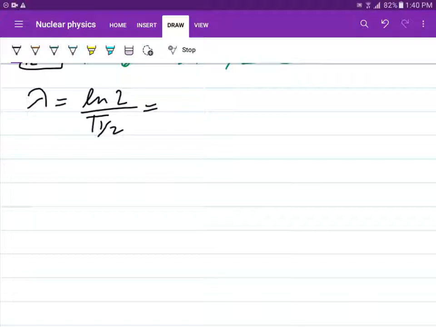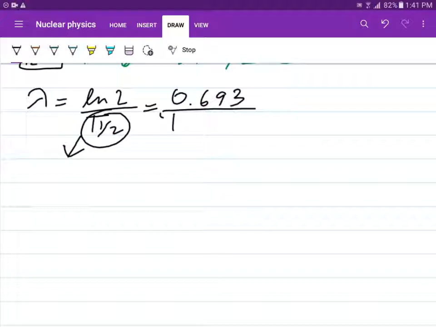So we have here 0.693 over the half-life, which in seconds is equal to 1.81 times 10 to the 11.